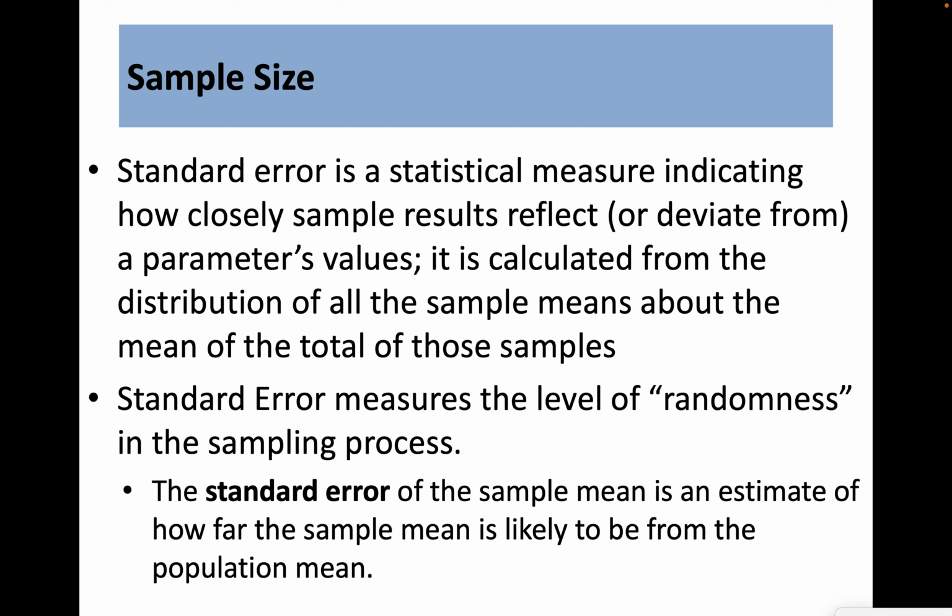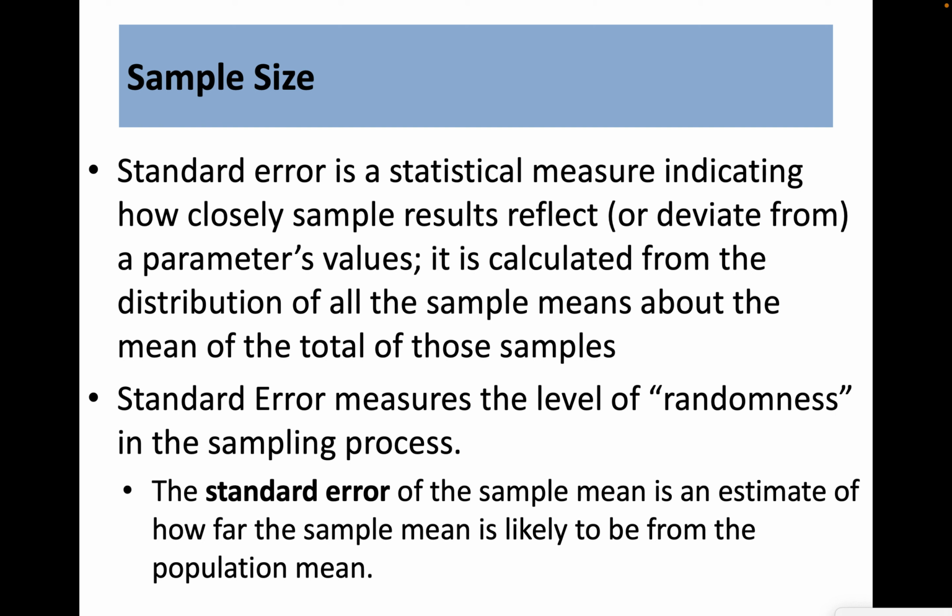Standard error is a statistical measure indicating how closely sample results reflect or deviate from a parameter's values. It is calculated from the distribution of all the sample means about the mean of the total of those samples. Standard error measures the level of randomness in the sampling process. The standard error of the sample mean is an estimate of how far the sample mean is likely to be from the population mean.